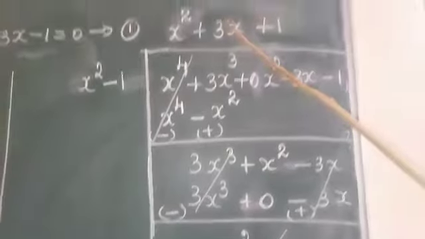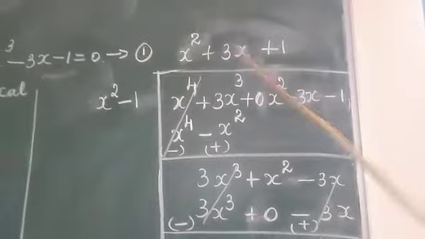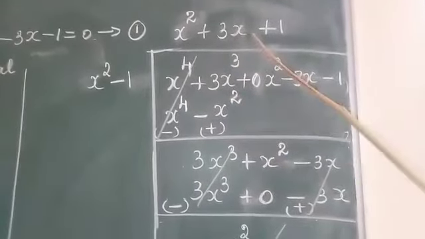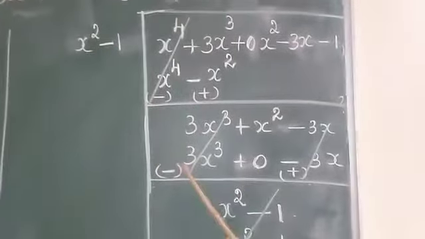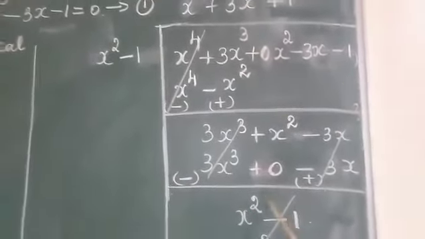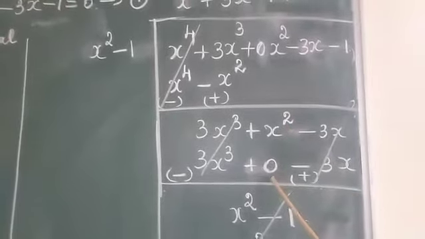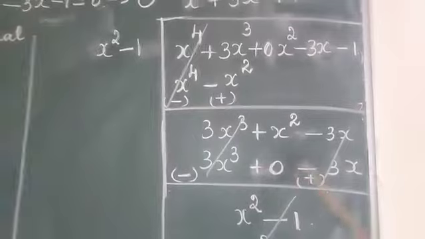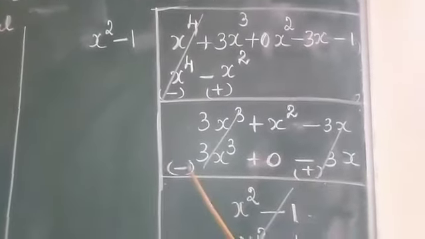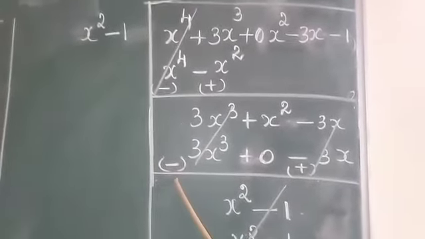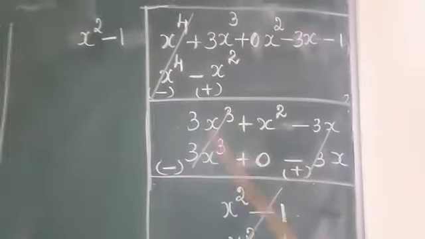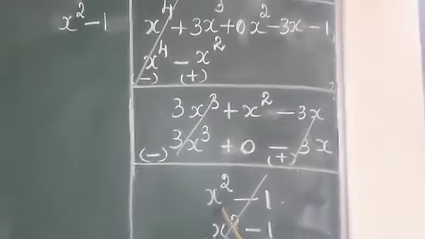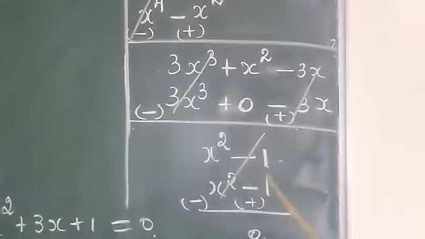So if you put plus 3x in the quotient and multiply, we will get 3x cube. So 3x into x square becomes 3x cube, plus there is no x square term, so I put 0. Now 3x into minus 1 becomes minus 3x. Now if we change the signs, plus changes into minus, minus changes into plus, and these two will be cancelled, and these also. The remaining is x square. This minus 1 I brought down here.